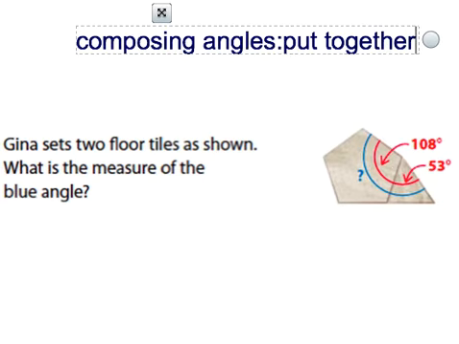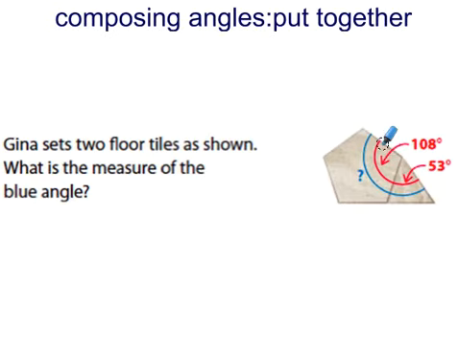And we are absolutely putting together two angles here, to make one larger angle. We've got an angle here, and we've got an angle here, and we're putting them together to make this one larger angle. That means that we are composing. And any time that you are composing angles, you are adding.